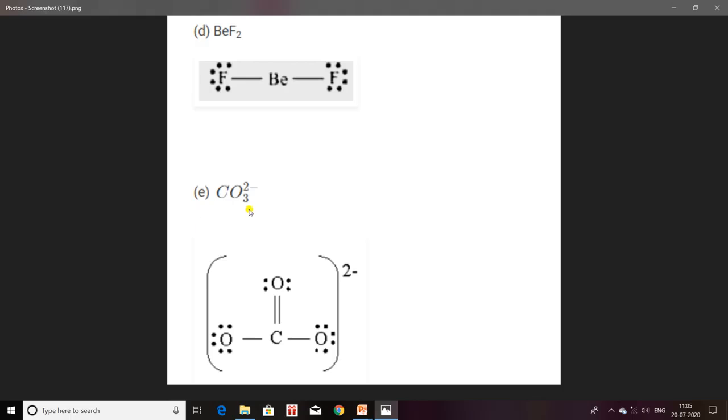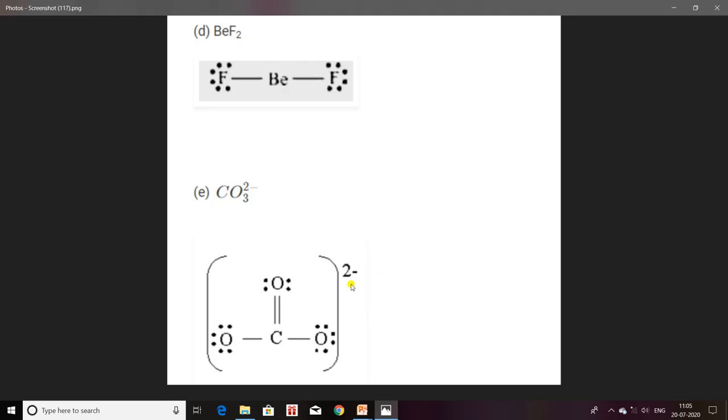Next is CO3 2 negative, carbonate ion. So here central atom is carbon and valence electrons of carbon are 4. 1, 2, 3, 4. But as you can see here that there are 2 negative charges, right? So when you write oxygen atoms, then you will write 1 extra electron with this oxygen atom and 1 extra electron with this oxygen atom.